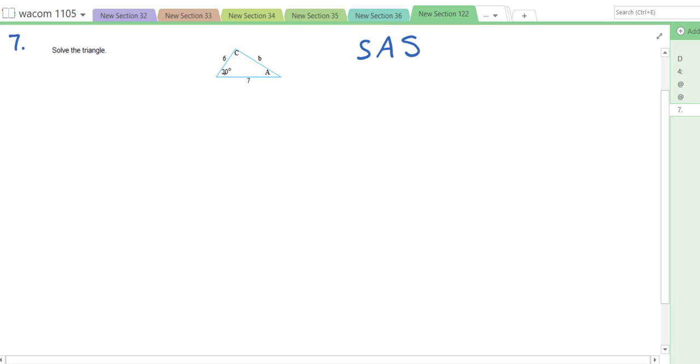We have angle B with side B. We have side A, angle C, and side C, but we do not have a complete pair. You have to have a complete pair to use the law of sines. So we are going to have to go with the law of cosines.